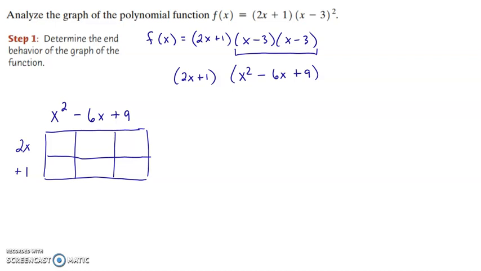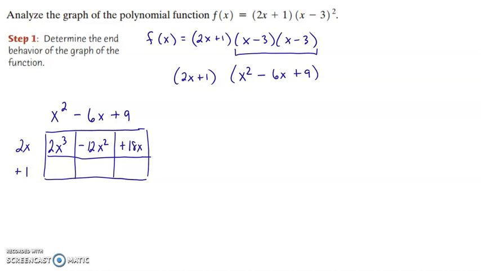So we're going to be taking the 2x and multiplying it by each of those terms that you see on top. So 2x times x squared will give us 2x cubed. 2x times a negative 6x will give us a negative 12x squared. And 2x times positive 9 will give us a positive 18x.